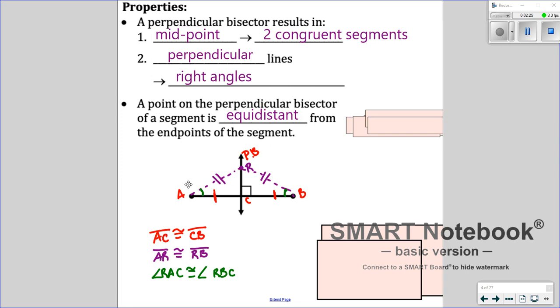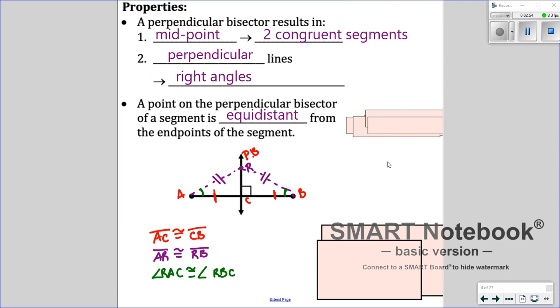And the 2 lines connecting at point A and point B will create an angle, and they will both be congruent. So as you can see from below, we got segment AC is congruent to CB, segment AR is congruent to RB, and angle RAC, or angle A, is congruent to angle RBC, or angle B.